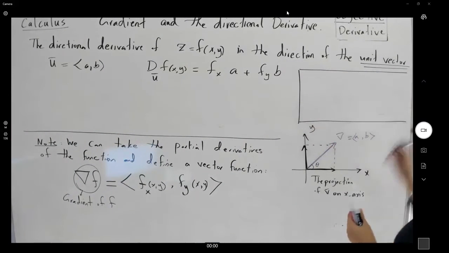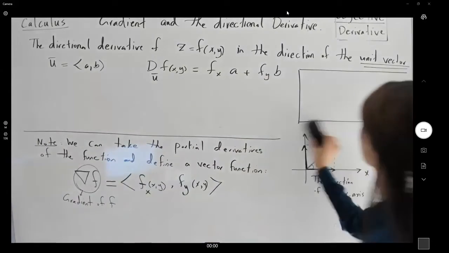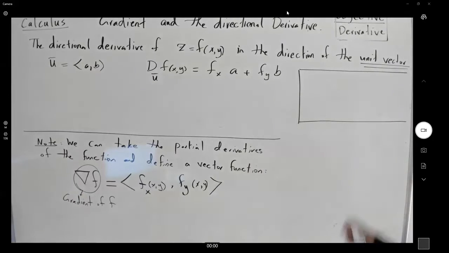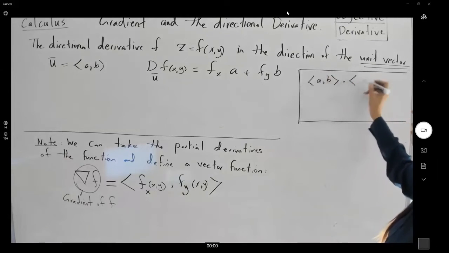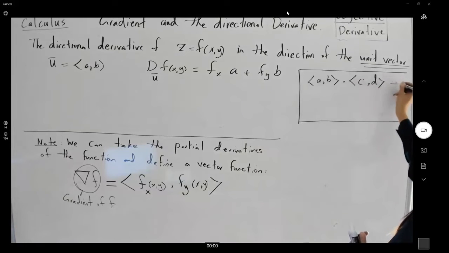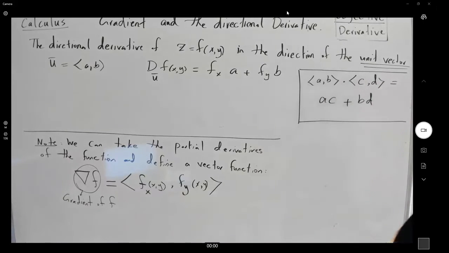Let me write down this recall for you here. Recall the dot product between two vectors. If you have vector AE dot product CD, the outcome is AC plus ED.